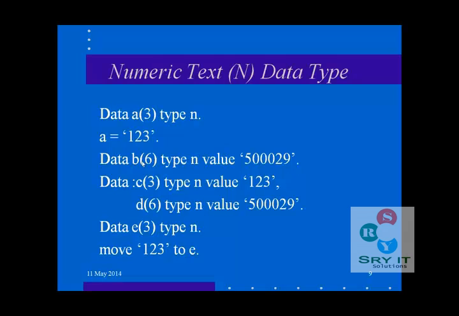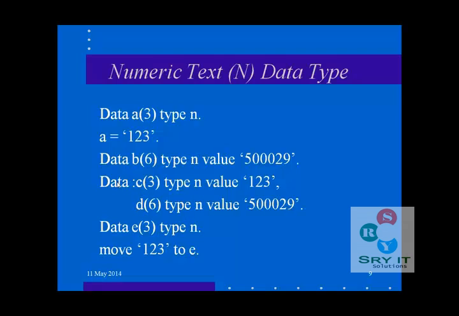Second example, DATA B6 TYPE N VALUE, where I am assigning the value in the declaration. Third example, DATA: C3 TYPE N VALUE 123, D6 TYPE N VALUE, where 6 is the size, type N, and the value is the specified value to assign to the object.